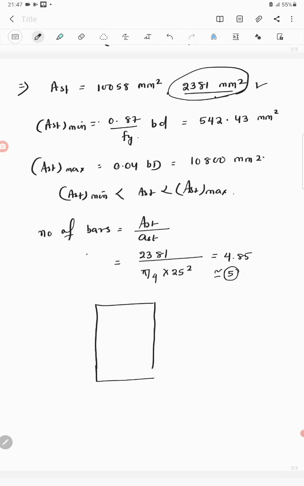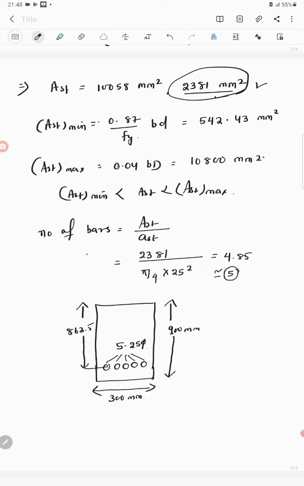Draw the section. So this is 900 overall depth, and this one you have taken 300. So you have to provide 5 25 dia bars. So this will be the effective depth. How much? 862.5 mm.